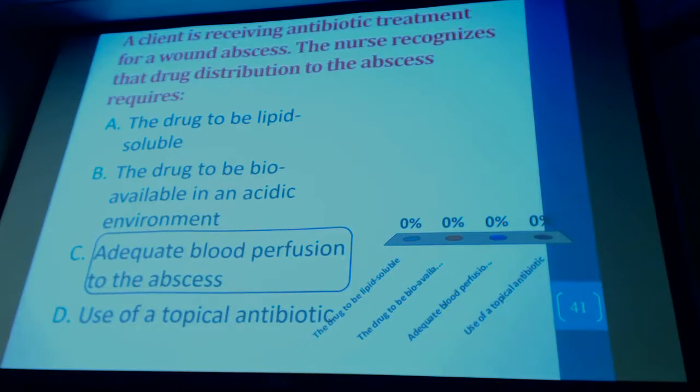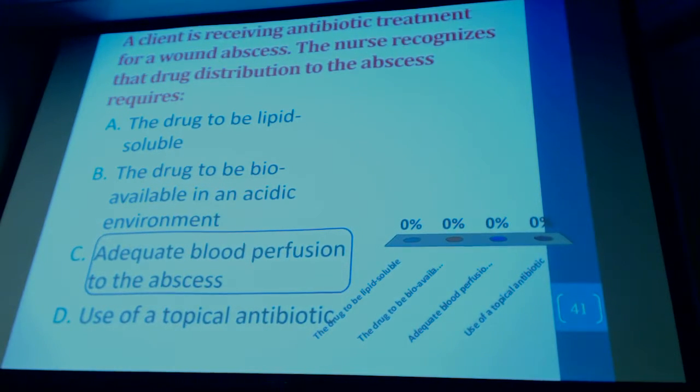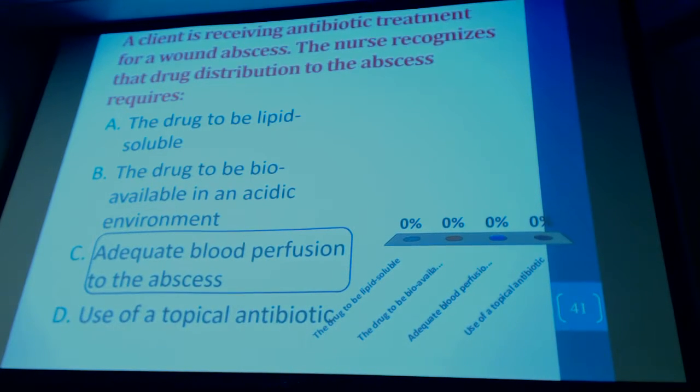We have to have adequate blood distribution, or we can't get the medication into the abscess.